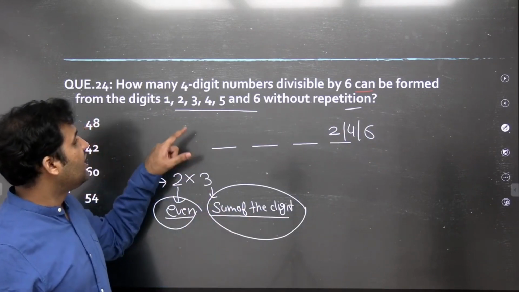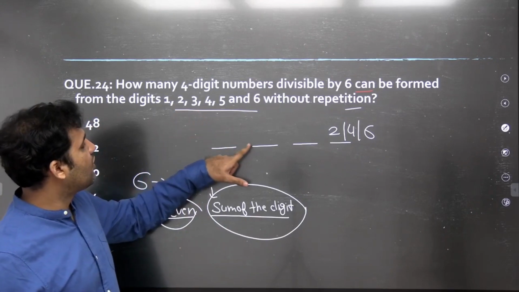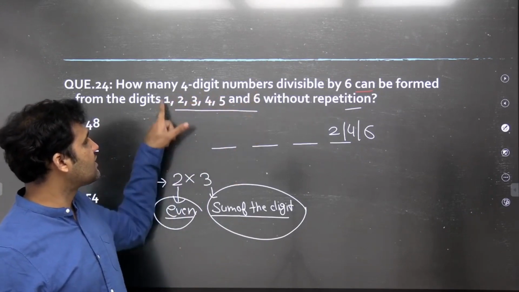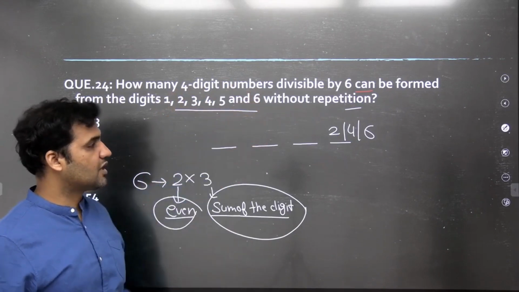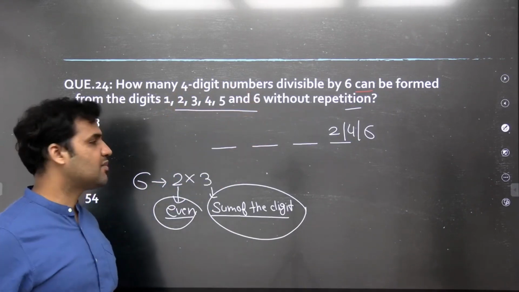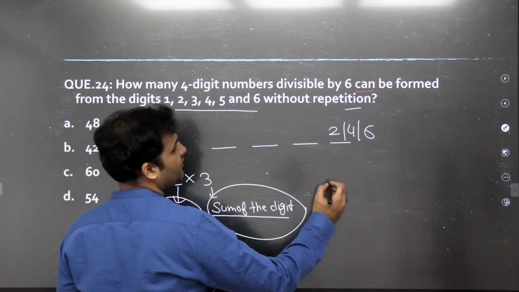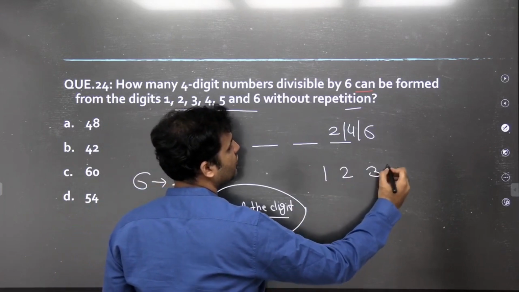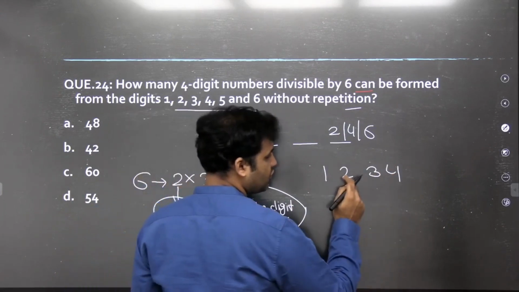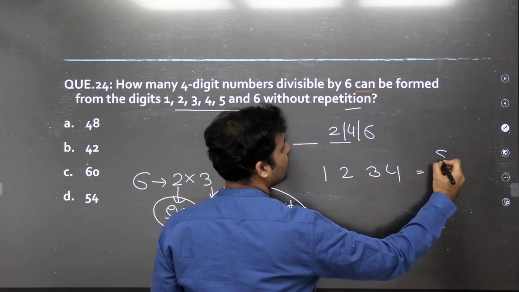Now tell me, if I have to select 4 digits out of these 6 digits, what is the minimum possible sum that you will get? The minimum possible sum will be obtained if I make a number using the digits 1, 2, 3 and 4. That is 1 plus 2 plus 3 plus 4.